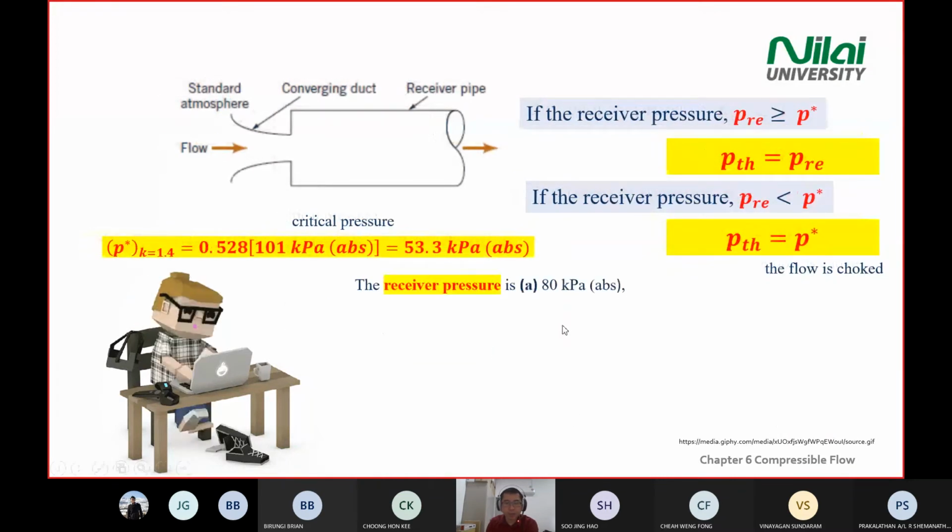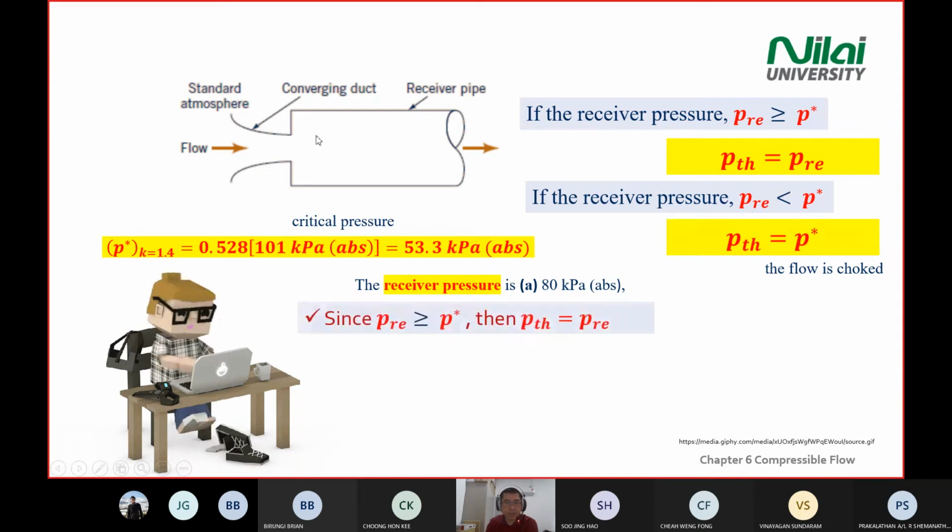Okay, we continue with the scenario. Now, in your calculation, your P star equals 53 kilopascal, and for the first scenario, your pressure inside here is 80 kilopascal. So what is the throat pressure? All right, 80 kilopascal is more than your critical, which is the first case.